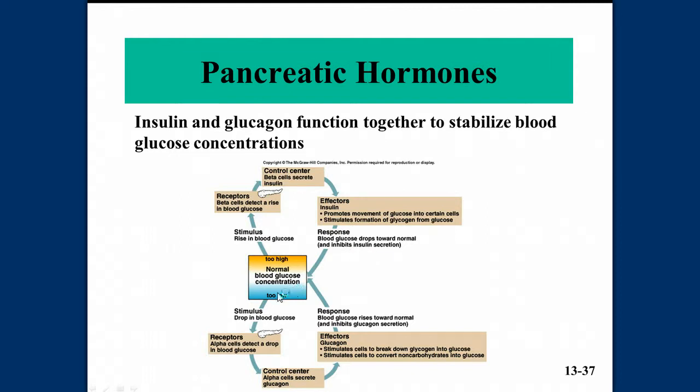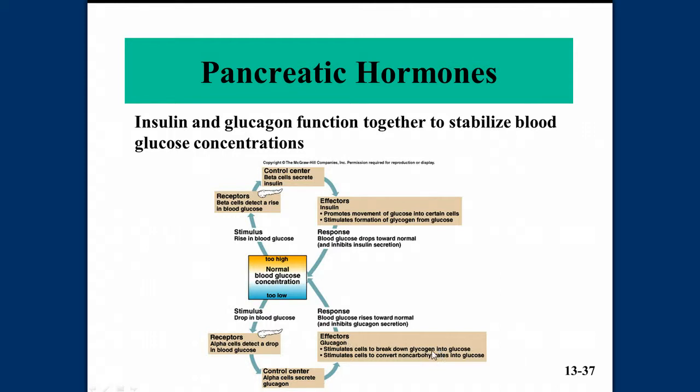Now, if blood glucose drops too low, receptors in the alpha cell detect the drop in blood glucose. Alpha cells will secrete glucagon. Glucagon stimulates the cells in the liver to break down glycogen into glucose. It could be in the muscles and adipose tissue also, but mostly in the liver. So those would be the target cells for glucagon.